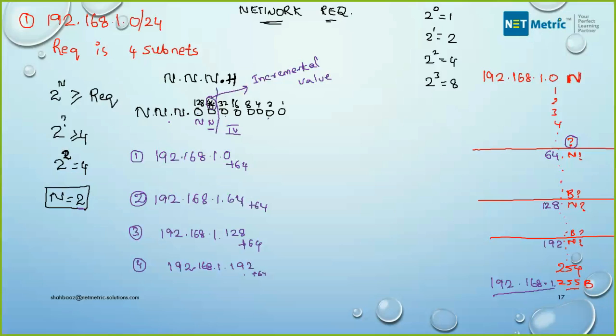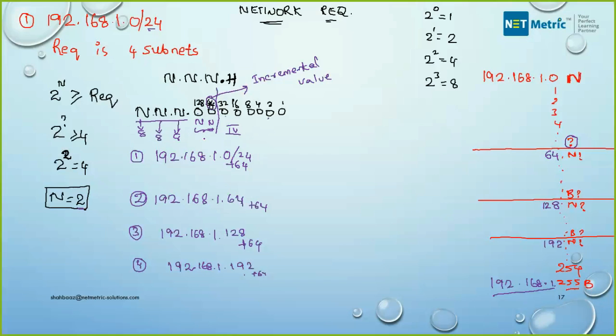But now the problem is that previously the subnet mask was 24. Can I provide everyone now subnet mask 24, or I have to change the subnet mask? We need to change. Why? Previously it was 24 because 3 octets were network octets, 8 plus 8 plus 8, 24.